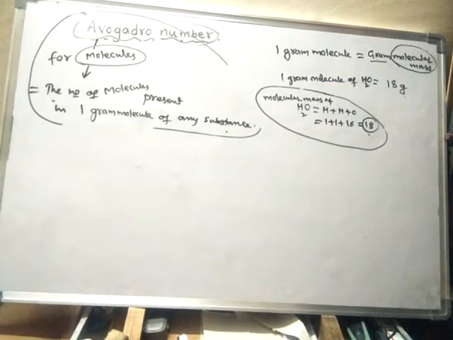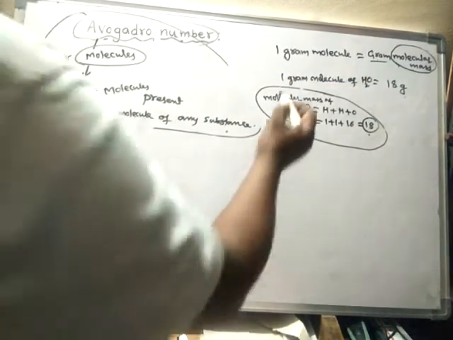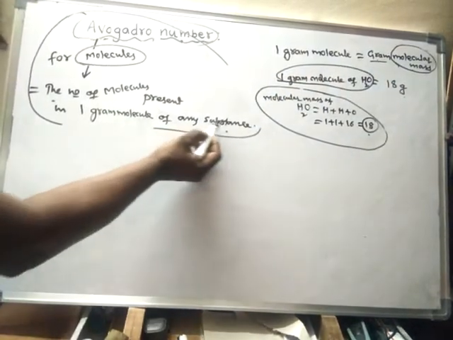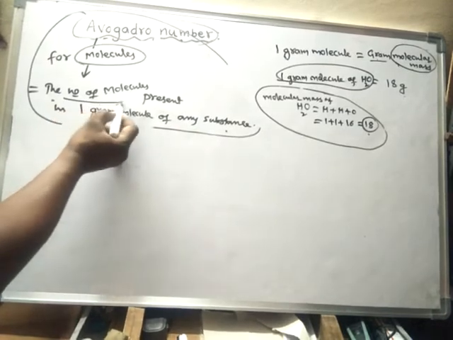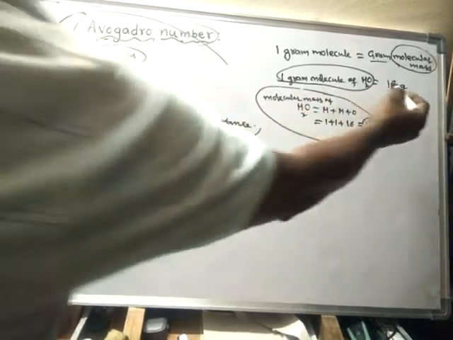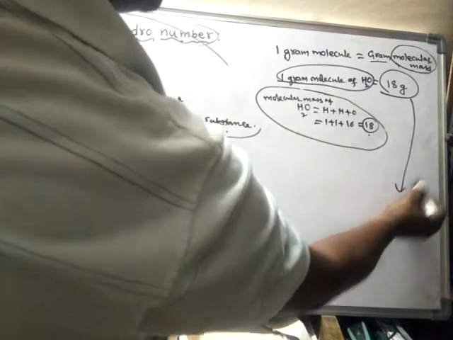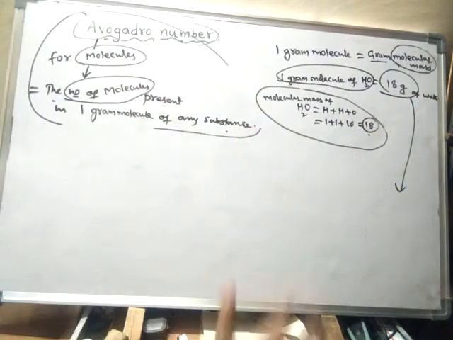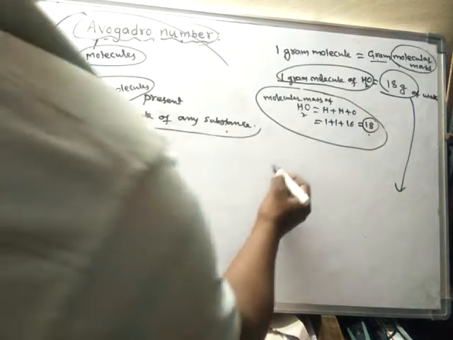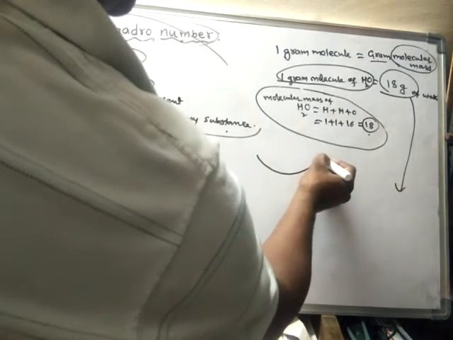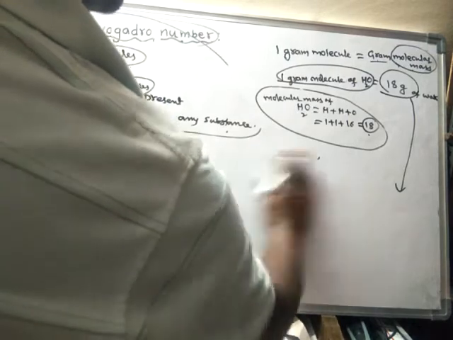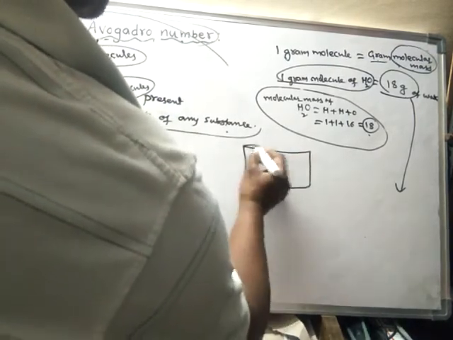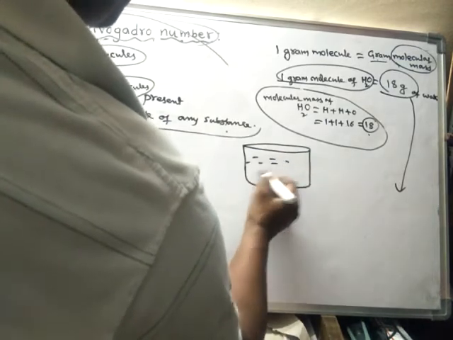Remember, 1 gram molecule of any substance contains some number of molecules. That means if I take 18 grams of water, it contains so many water molecules. In a vessel I have taken some amount of water.